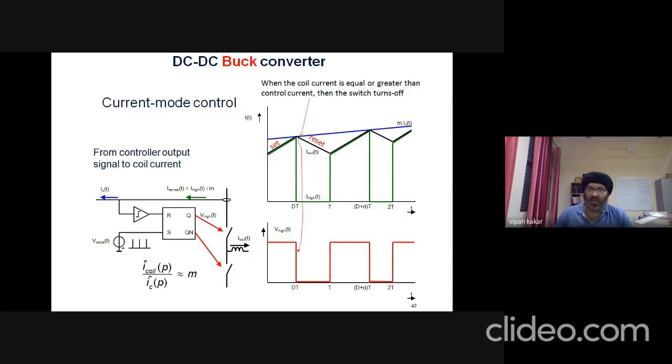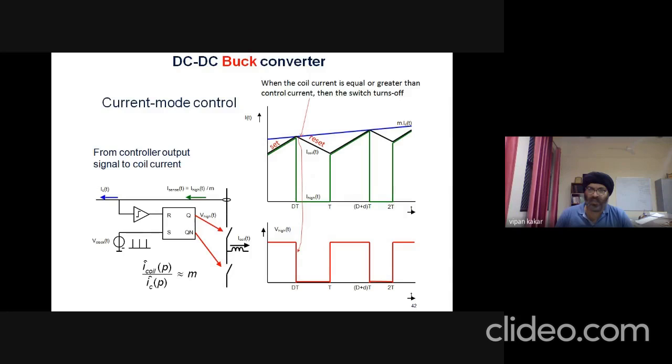This current in the buck converter is measured and fed back to the RS flip-flop, where a reset pin is connected to the feedback or measured current from the buck converter.